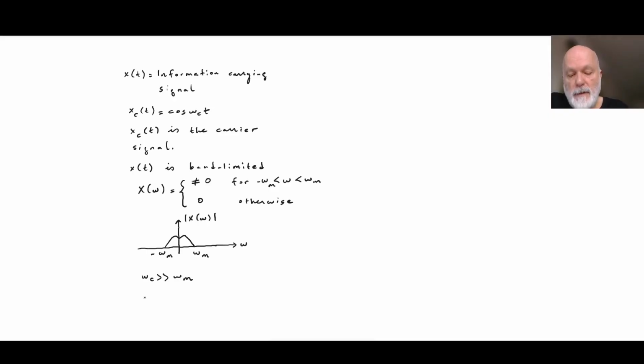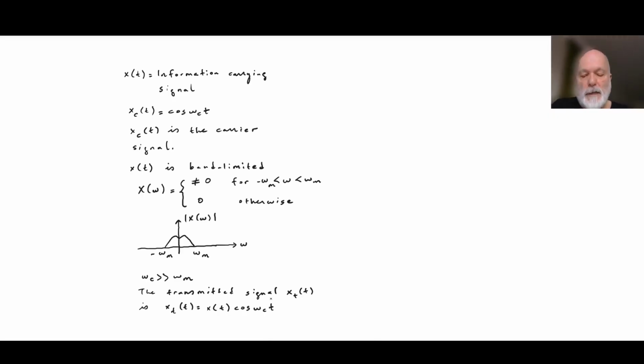Now, the transmitted signal, let us call it x t of t, is equal to x of t cosine omega c t.